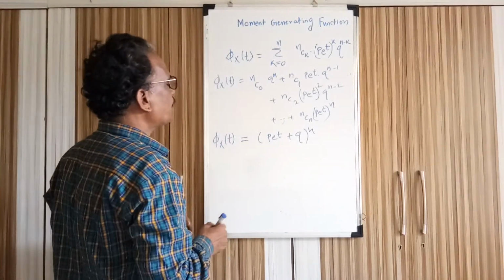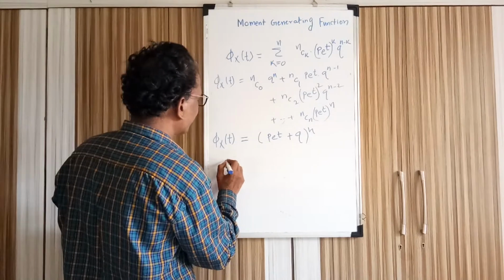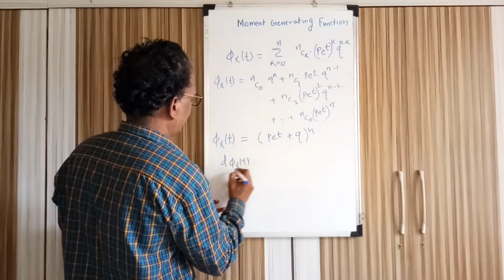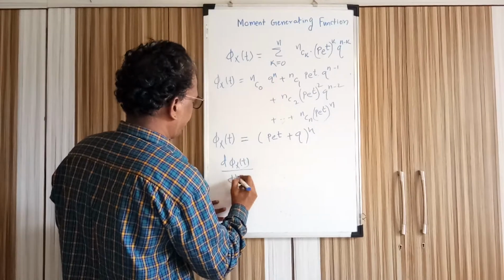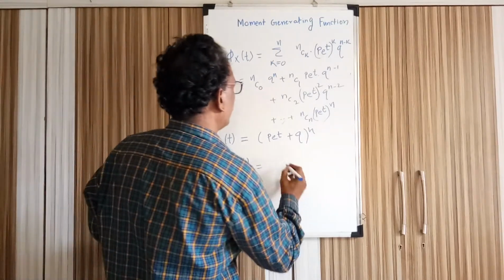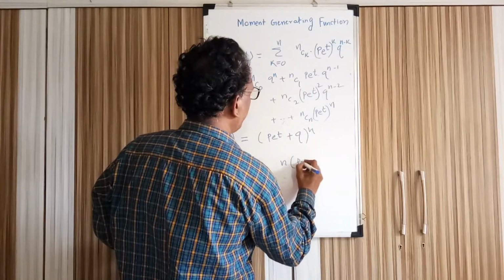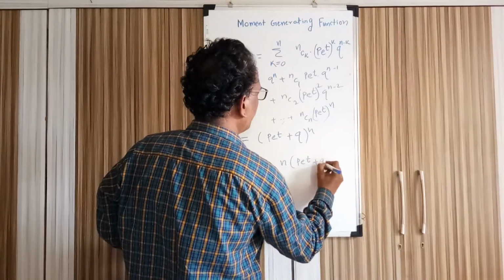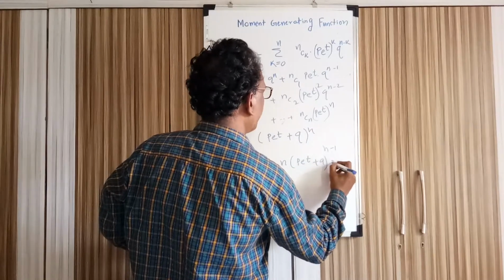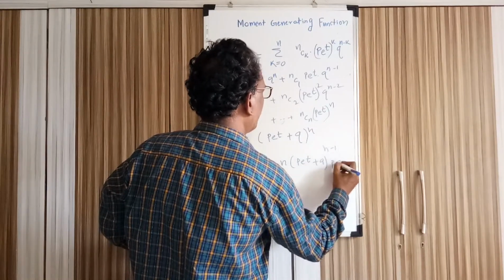Now, do you want to find the mean of random variable x? Directly you can find it: take the derivative of phi x of t with respect to t and put t equal to 0. So n times (p e^t plus q) raised to n minus 1, and the derivative of the inner term is p e to the power t.